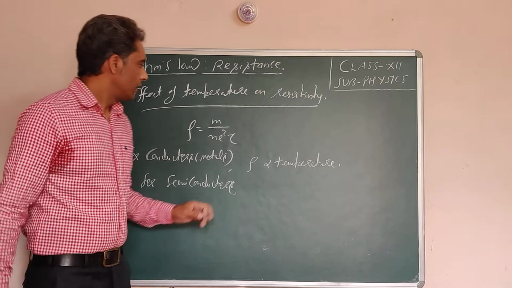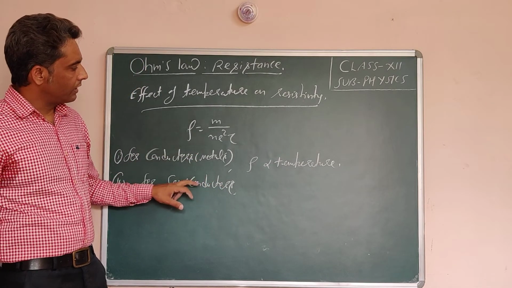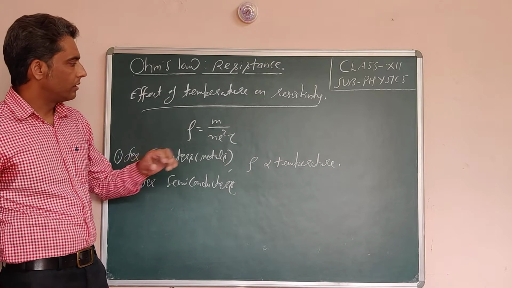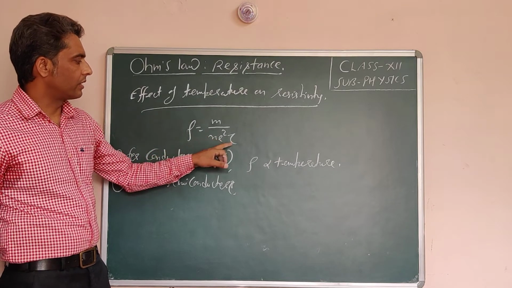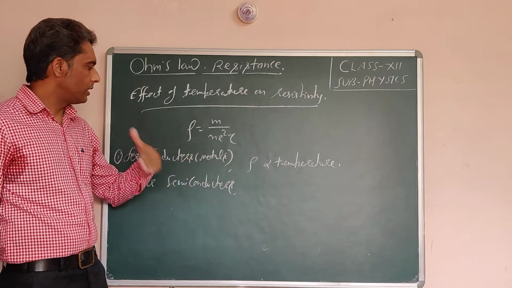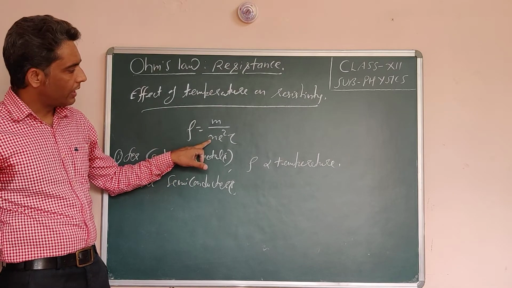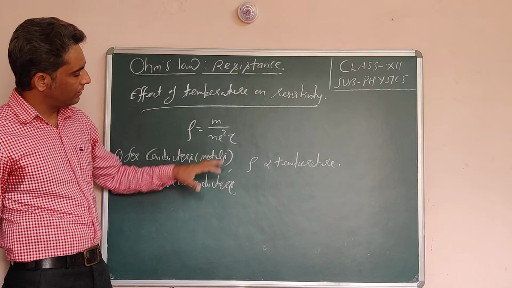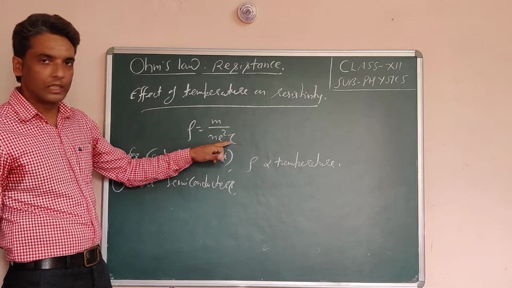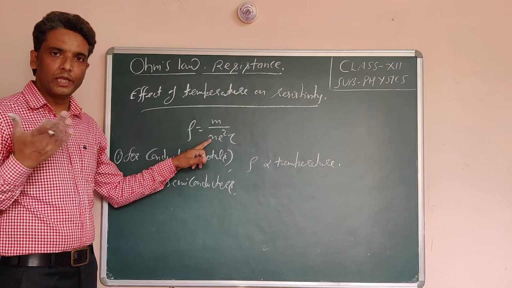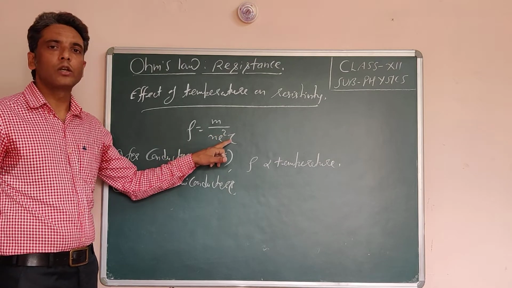Now why does it happen? In case of semiconductors, when we increase the temperature, these two factors are affected, n and tau. So with rise in temperature, n increases, and tau in case of semiconductor again decreases. But the increase in n dominates the decrease in tau.